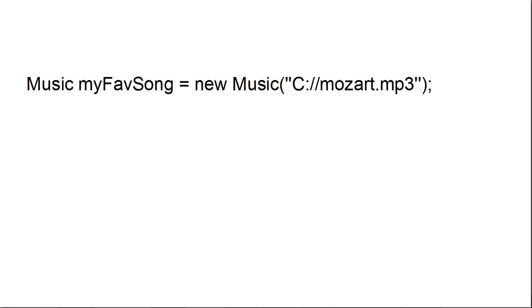MP3 is not the only music type you could use, and copyright issues might or might not arise. So OGG music type is just as good. Now you have an object, a memory representation of your song. You want to play it? myFabSong.play will do the trick probably. You could use myFabSong.stop or myFabSong.loop too.